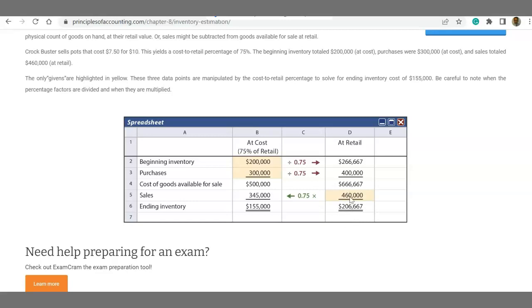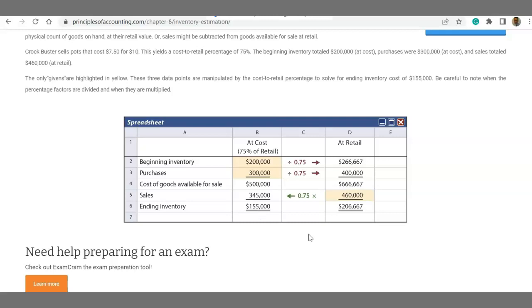But 460 times 0.75 gives us the actual cost of the inventory that we sold. So that's the cost of goods sold, $345,000. And 500 minus 345 gives us the ending inventory, which is 155.